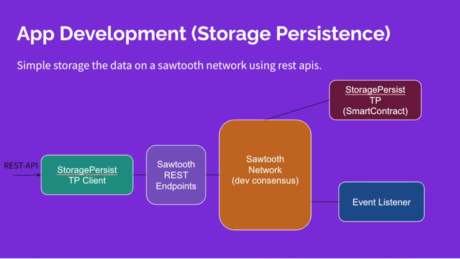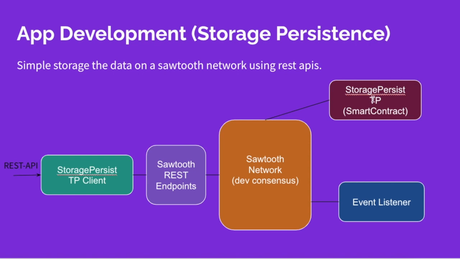Okay, so let's start with the development. Here we will be developing a simple storage persistence application. The overall goal is that we will set up one Sawtooth network using dev consensus, and we will create one transaction processor, StoragePersist, which is a smart contract, and connect it with the Sawtooth network.